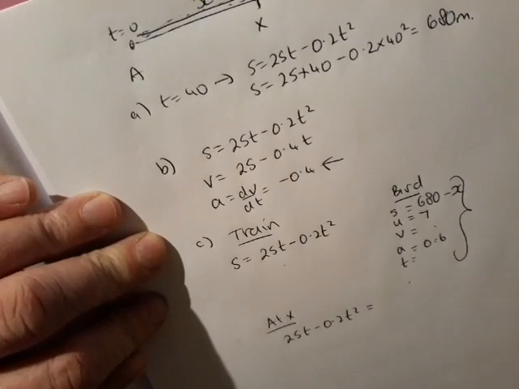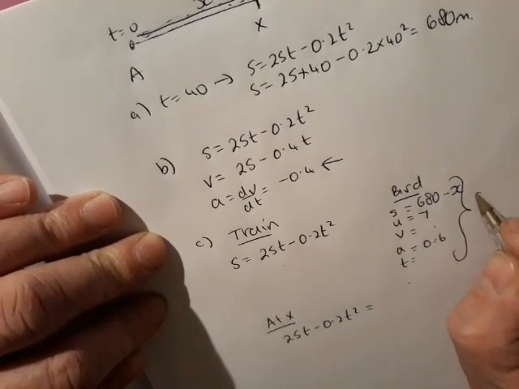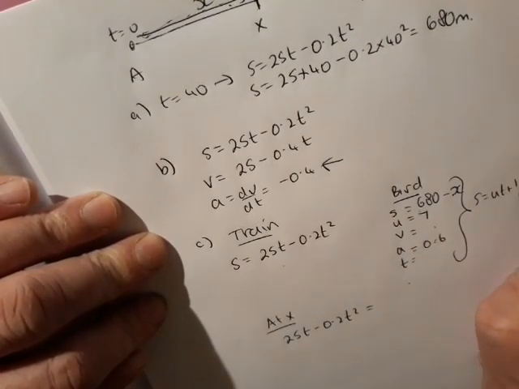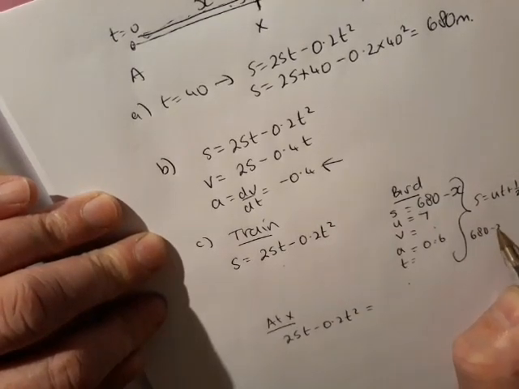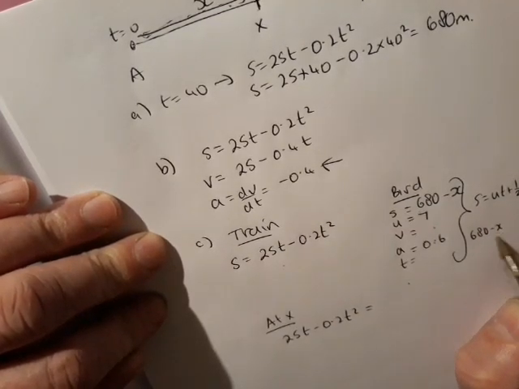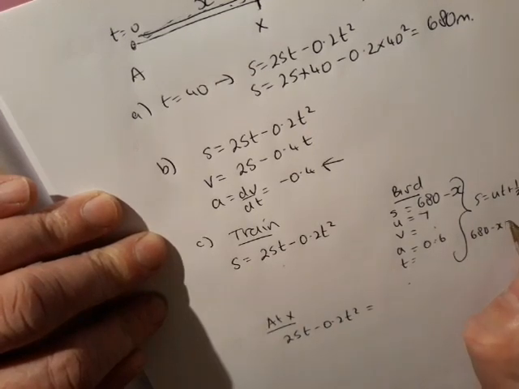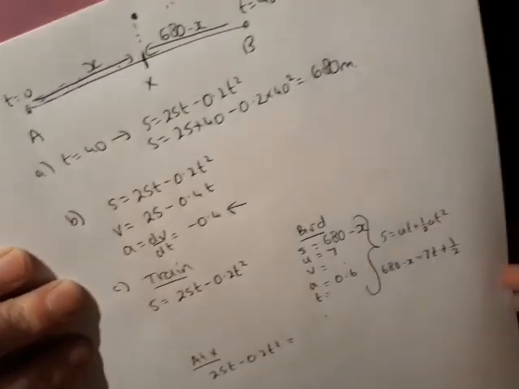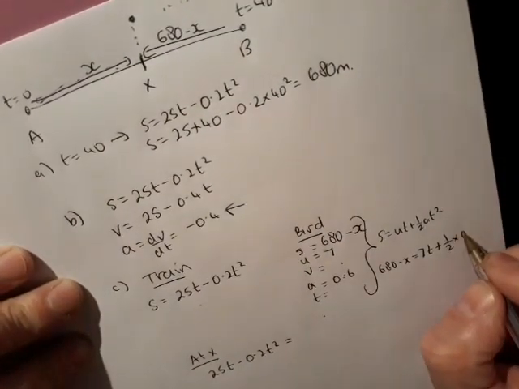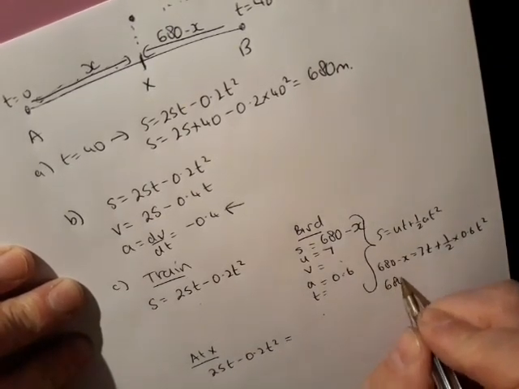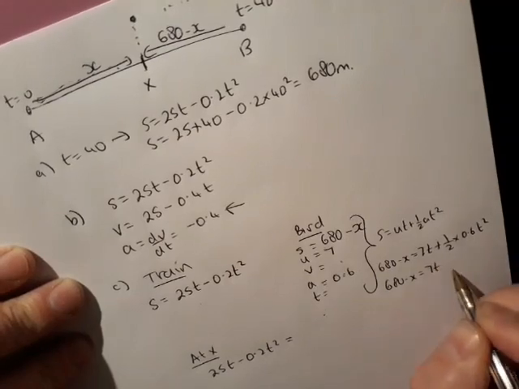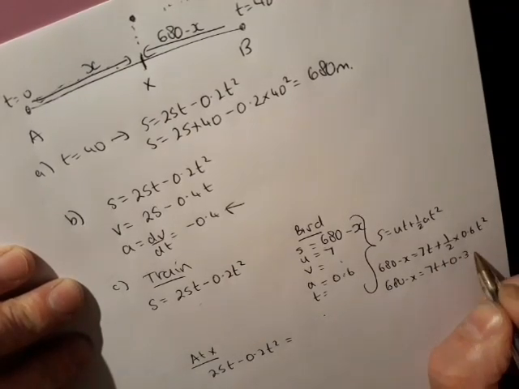The time will also be the same, so we can use s equals ut plus half at squared, which in this case becomes 680 minus x equals 7t plus a half times 0.6 t squared. Simplifying that, we get 680 minus x equals 7t plus 0.3t squared.